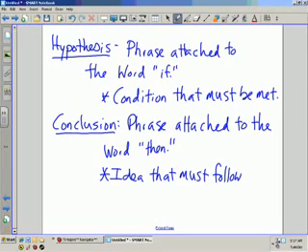Very good. At this point, we're actually going to use an example. We will do some different manipulation of that example, paying attention very closely to the hypothesis and conclusion, because it is the key to all of it.